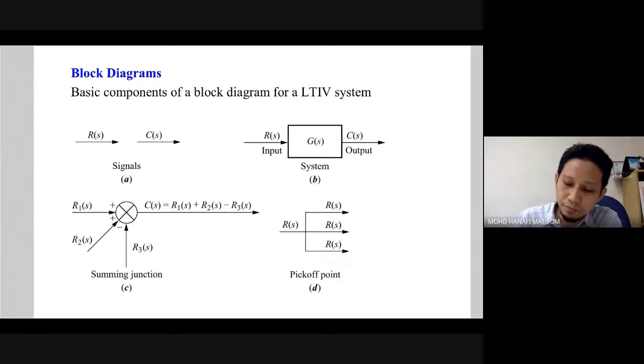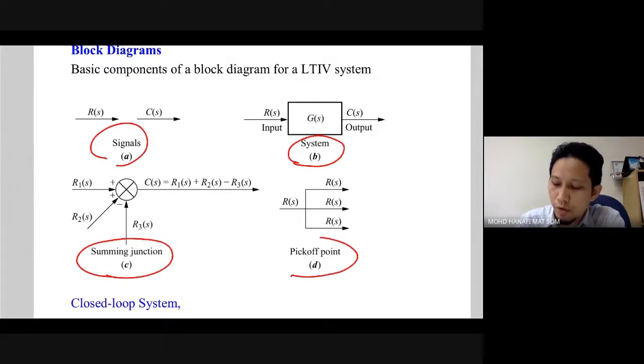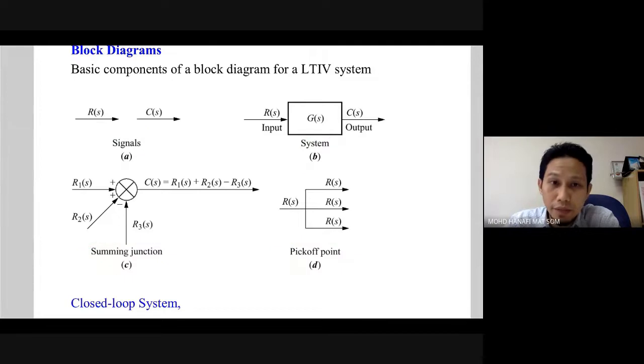Okay, now let's go to the block diagram. The basic components of a block diagram for the LTIV system are signals, systems, summing junctions, and pickoff points. For the signals, remember the input and the output.